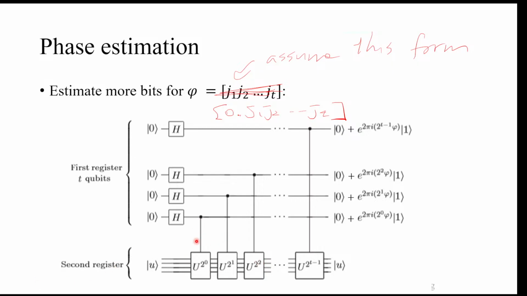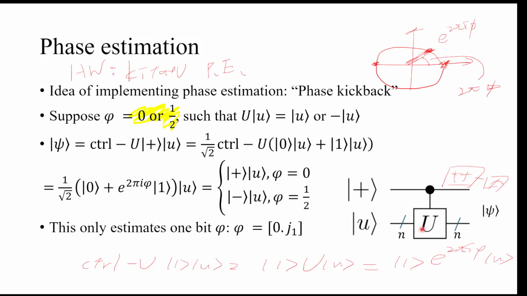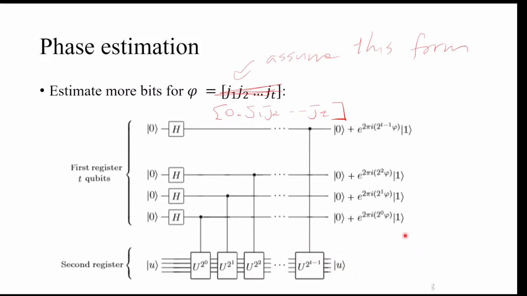The first line here, we just control U to the 2 to the 0, so control U once. 2 to the 0 is 1, 2 to the 1 is 2, 2 to the 2 is 4, etc. On the lowest line we control U once, on the second line we apply control U twice, and then we control U 4 times, etc.